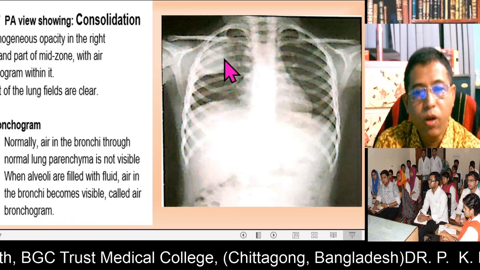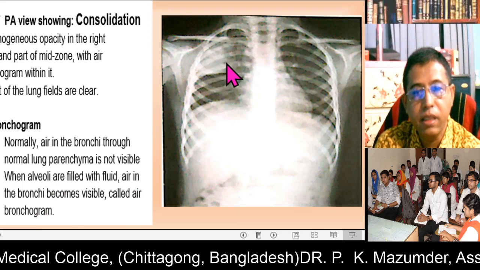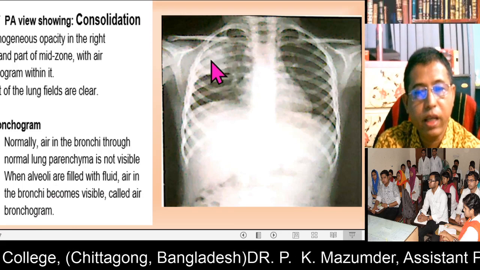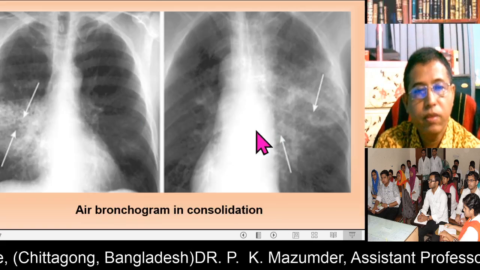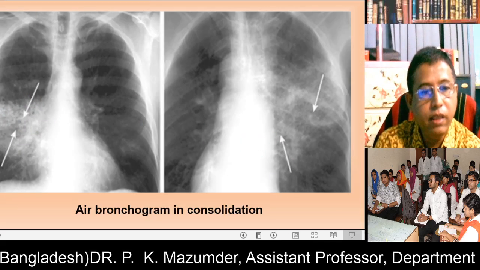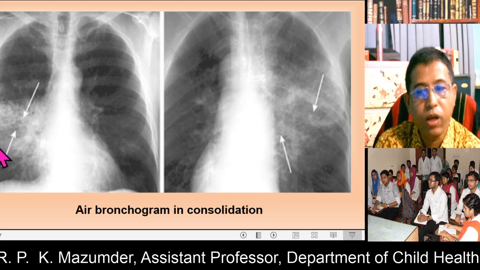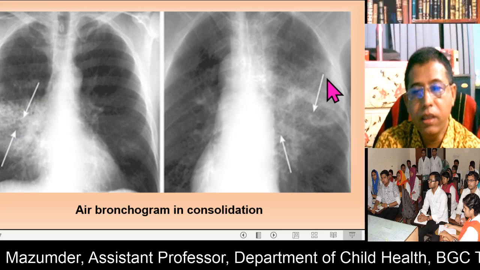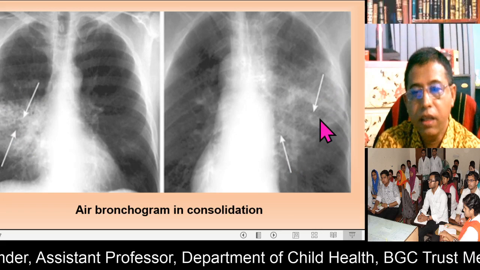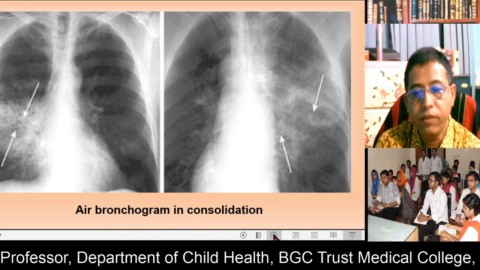This is the homogeneous opacity, and in between the homogeneous opacity there is a blackish spot, which is the air bronchogram. So air bronchogram is seen in consolidation.